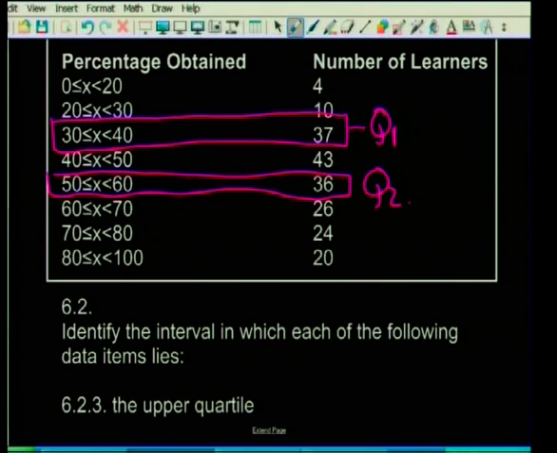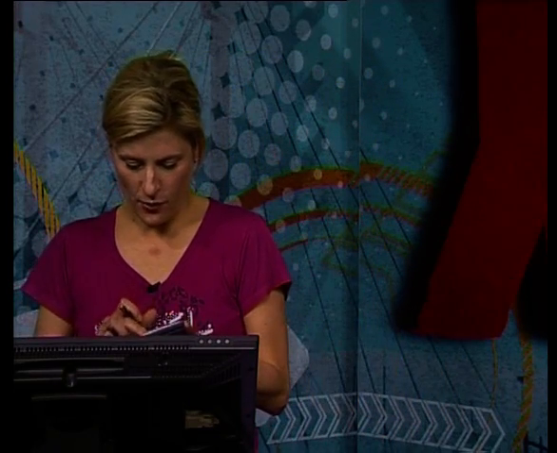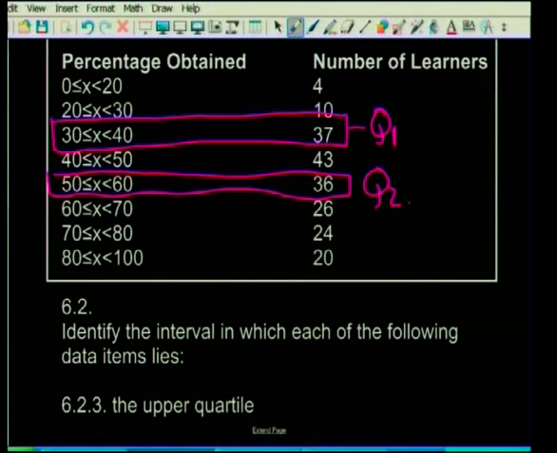So that means that Q1 will definitely lie in there. Right. So now, when I'm looking for Q3, I'm looking for the 150th learner, 75%. Remember, there's 200 altogether. So let's add from the beginning 4 and 10 and 37 and 43 and 36, which brings me to 130. Now, if I add 26 for the next one, I am at 156.